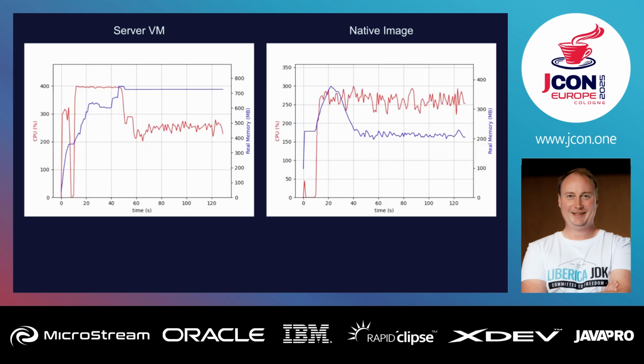All right, what happens with Graal VM and native image? Again, the original graphic is on the left, and the tested configuration is on the right. And you see, we still have that kind of second peak. We don't have the first peak because it's native image.